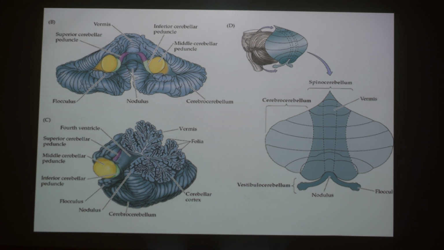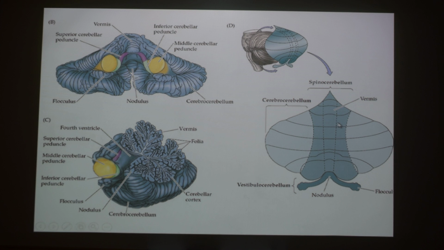It is mainly important in correcting and execution of complex movements. So any complex movements which you are doing, the correction of that is done by the cerebrocerebellum. So it is going to project back into the cortex where you have the planning of complex movements.